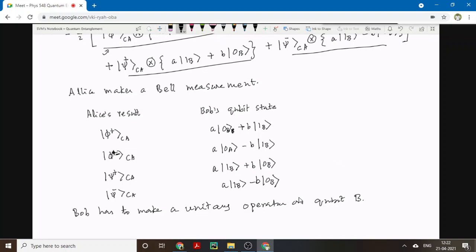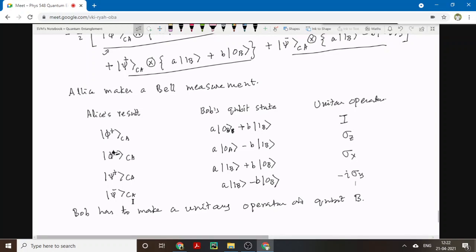They would have already defined it. So the unitary operation that Bob would make is, he doesn't make anything here. Here he makes a sigma z rotation. Here you make a sigma x rotation, and here you make an I times sigma y rotation.